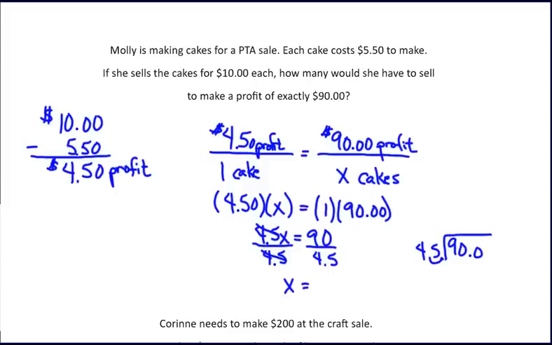So with a little long division, I know that 45 goes into 90 twice and into 0 no times at all. So x equals 20, and to be more specific, 20 cakes is how many she will have to make and how many she will have to sell.